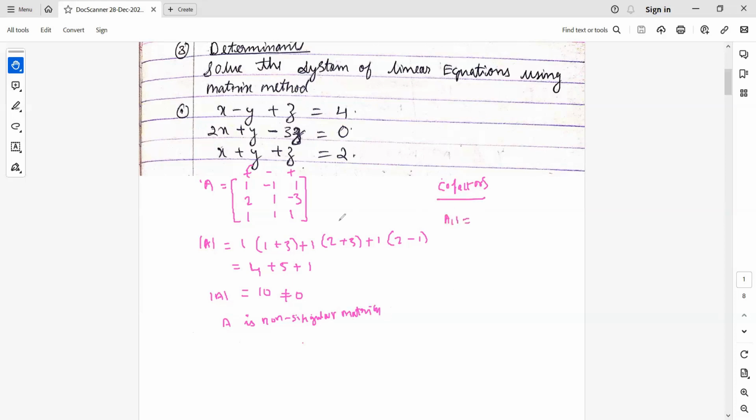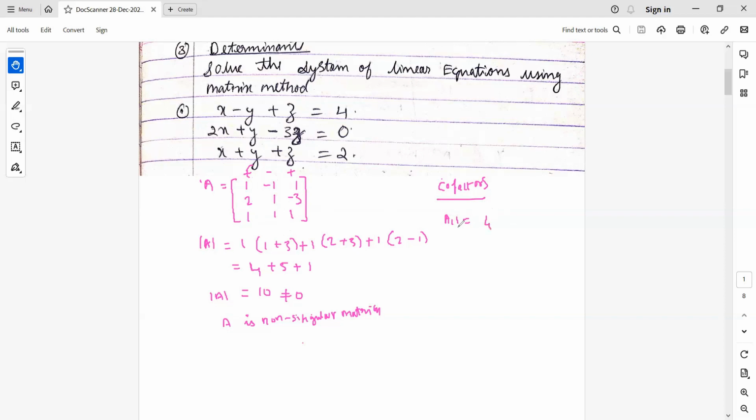For A11, you need to delete the row containing the first element and its column. Then we will get a determinant of four elements, 1, minus 3, 1 and 1. Find the determinant of this: 1 into 1 is 1, 1 into minus 3 is minus 3, minus of minus is plus 3, so it will be equal to 4. So the answer here will be 4.